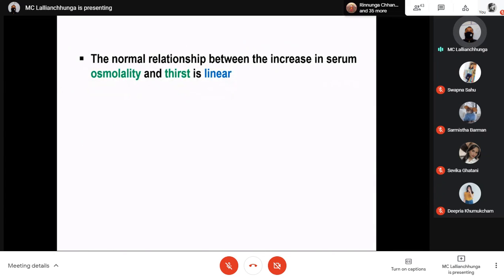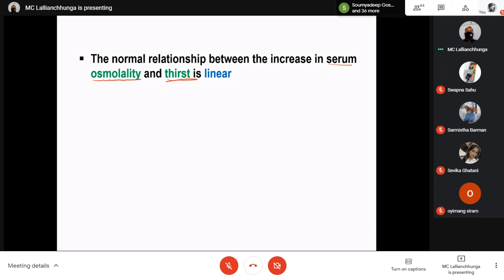So the normal relationship between the increase in serum osmolality and thirst is linear. Serum means, let us consider plasma. What does it mean? It means that if there is a linear increase in the concentration of osmotically active substance in the plasma, the intensity of thirst will also increase. It will keep on increasing.